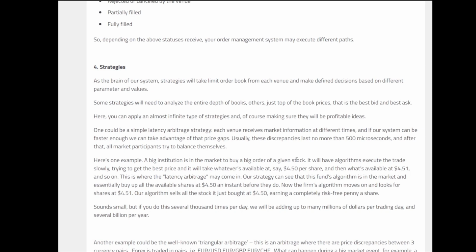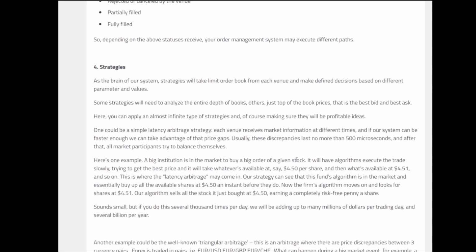One example is a simple latency arbitrage strategy that is very widely known. In that, each venue receives market information at different times. If our system can be a little bit faster, we can take advantage of these price gaps.